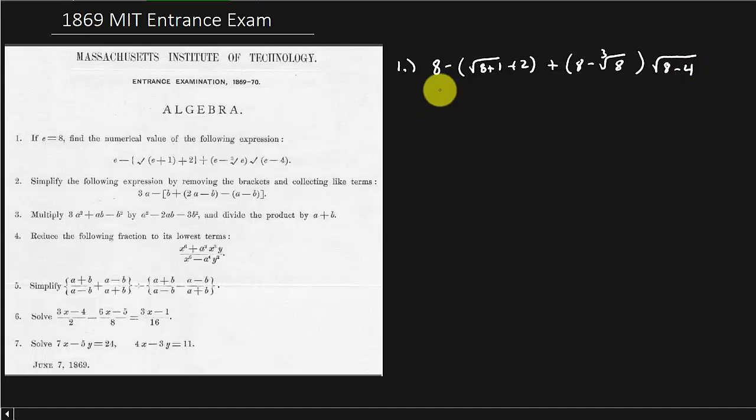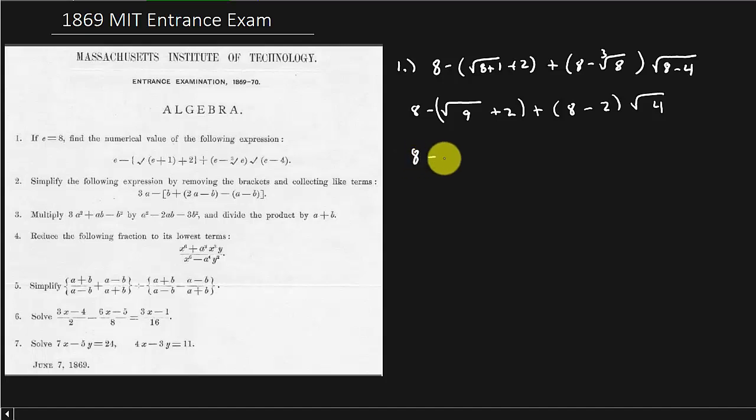Let's work inside the parentheses first. So we've got 8 minus the square root of 9 plus 2, plus 8 minus the cube root of 8, which is 2, times the square root of 8 minus 4, which is 4.